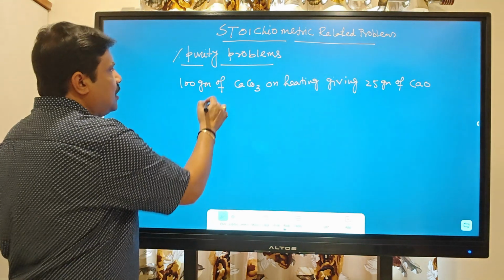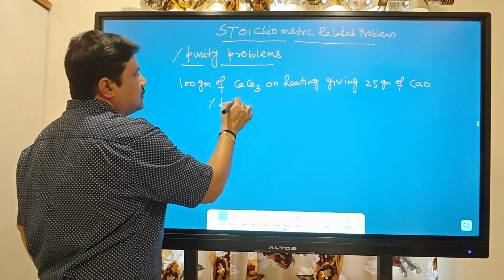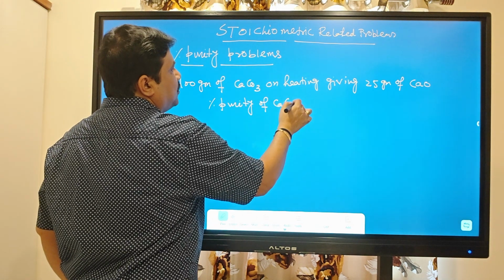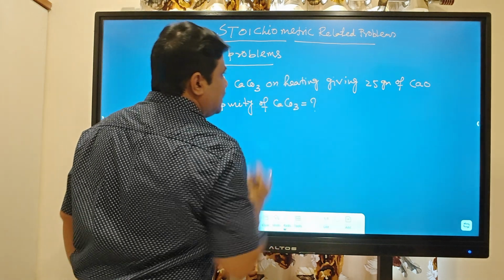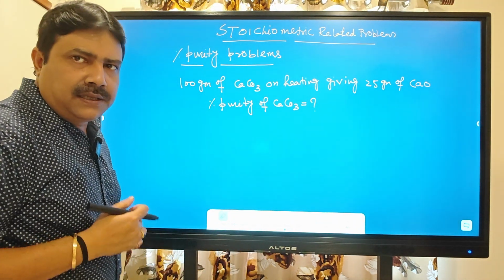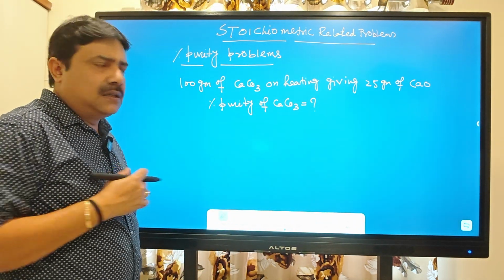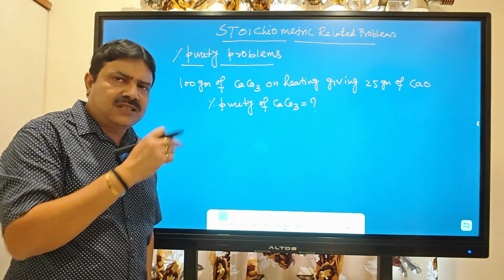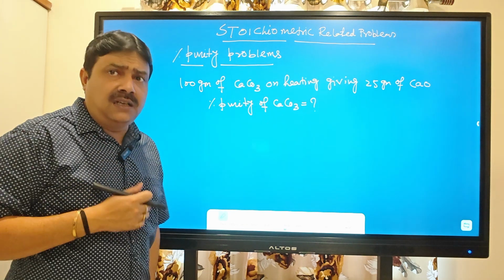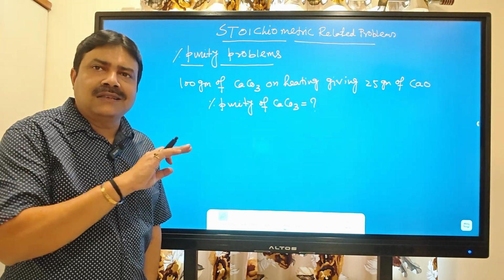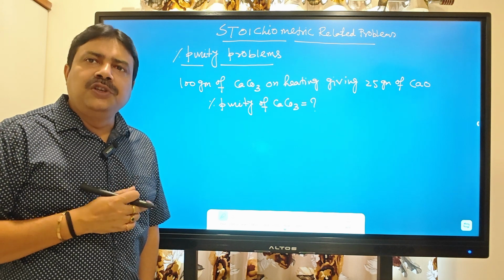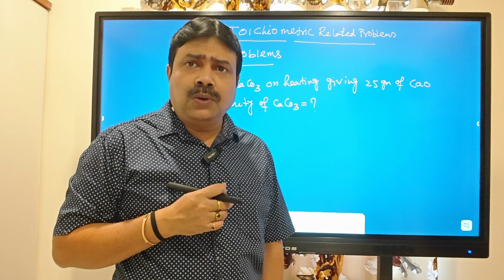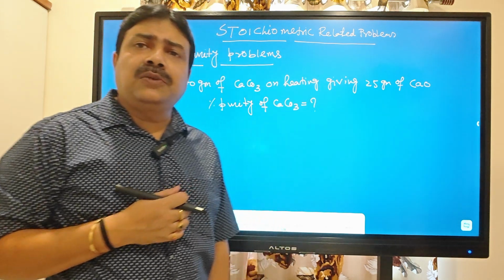And they are asking: the percentage purity of calcium carbonate is how much? That was the question. Whatever problem they ask, percentage purity, percentage composition, percentage yield, all are stoichiometry-related problems. First you need to write down the balanced chemical equation. So let us write it.